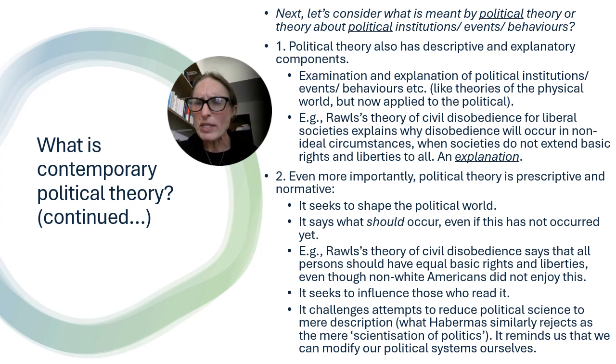So, for example, Rawls' theory of civil disobedience for liberal societies explains why disobedience is to be expected in non-ideal circumstances. Disobedience will come about when societies are terribly unjust, and when societies do not extend basic rights and liberties to all. So it's an explanation, in a sense, of social behaviour.